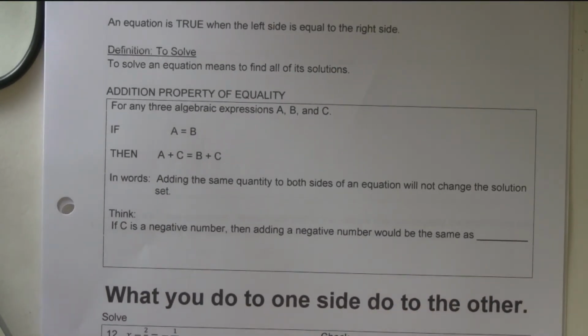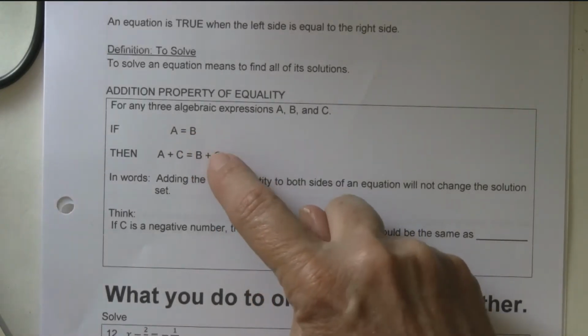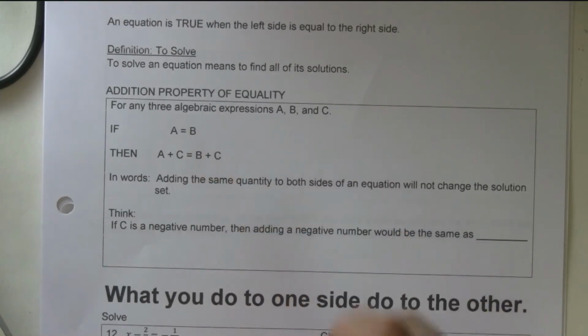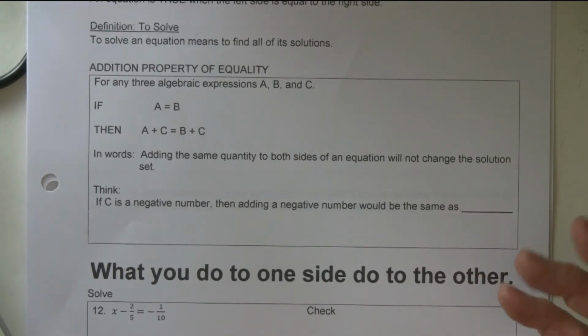Adding the same quantity to both sides of an equation will not change the solution set. This has a solution set, whatever it is, and this has a solution set, whatever it is, but they're the same. And we're going to use that idea to solve equations.